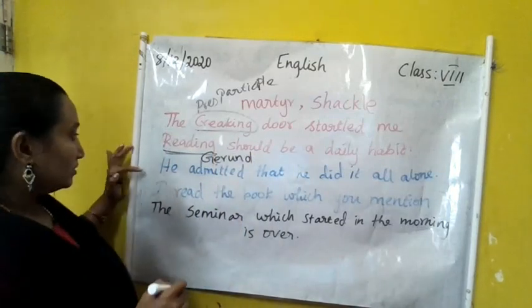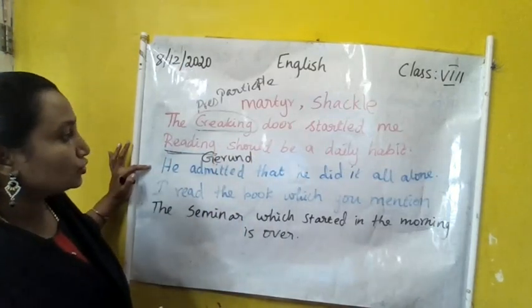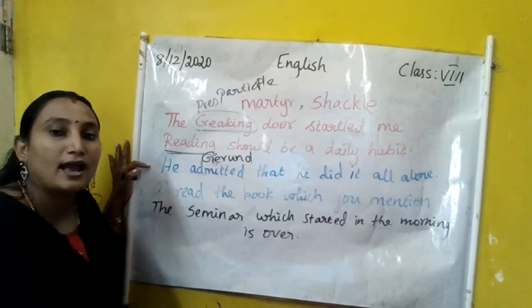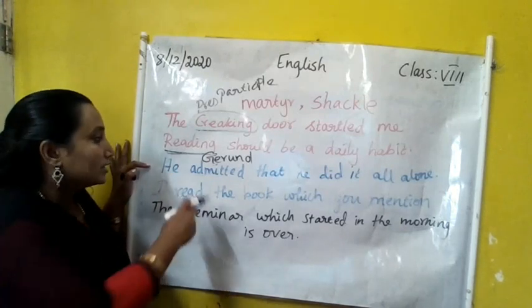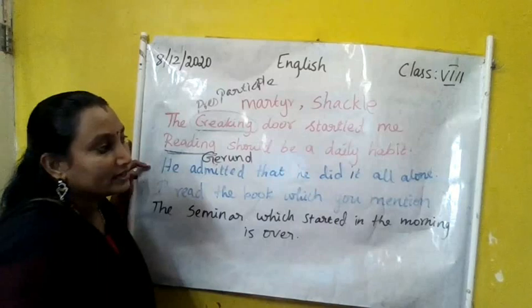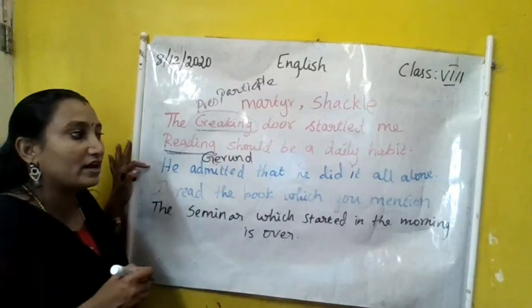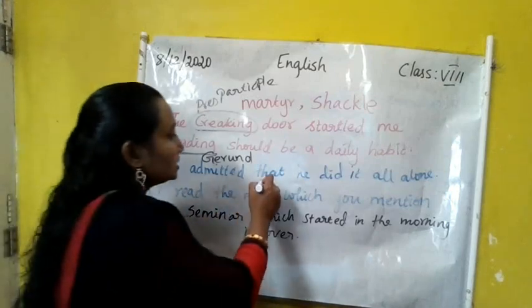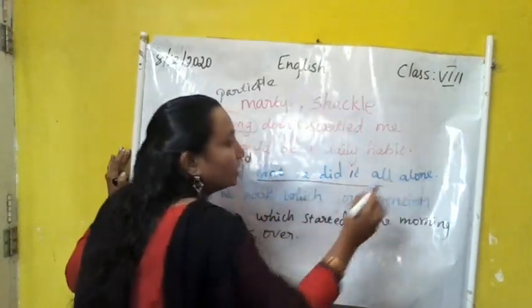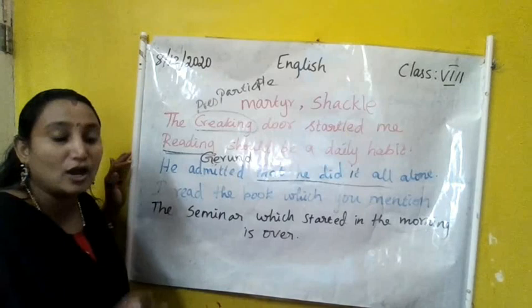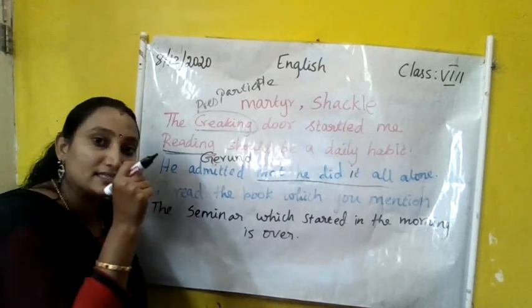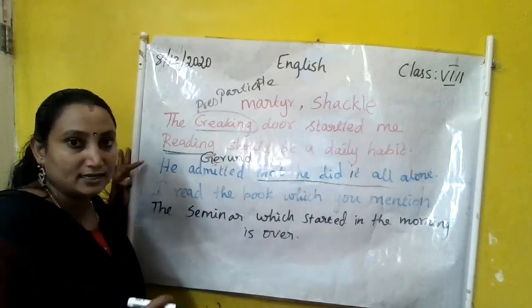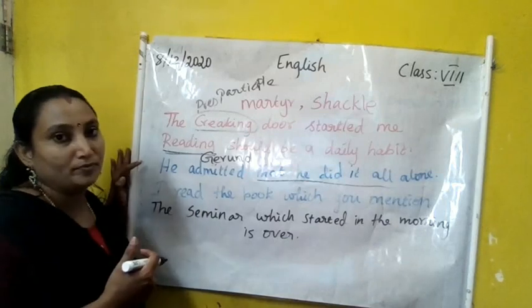The next one, I asked you to find out the clause and its kind, isn't it? He admitted that he did it all alone. So first we have to identify which one is the clause. That he did it all alone is the clause. Now we have to see whether it acts as a noun or adjective or an adverb, isn't it?